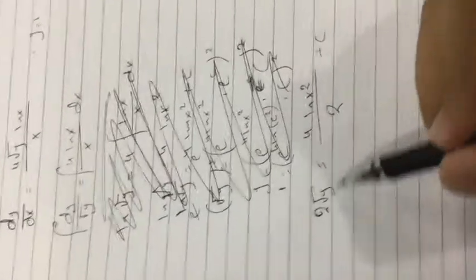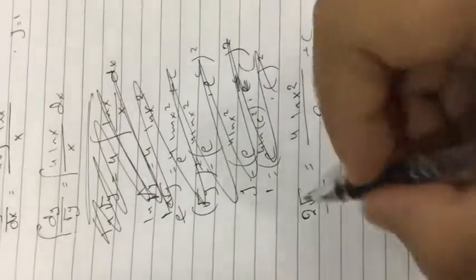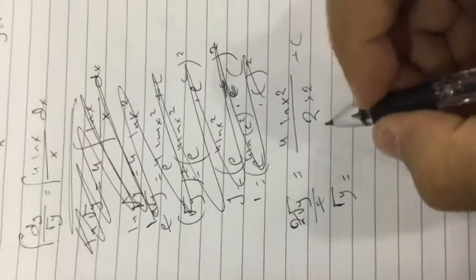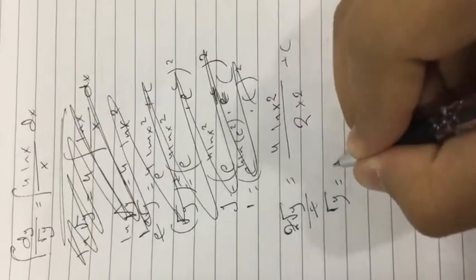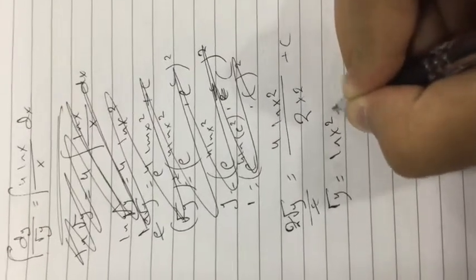We divide by 2 and here we multiply by 2, so here square root of y equals ln x squared plus c.